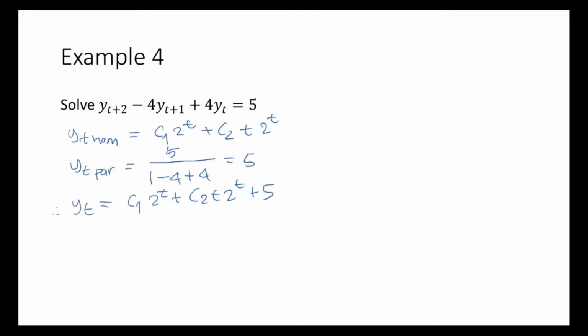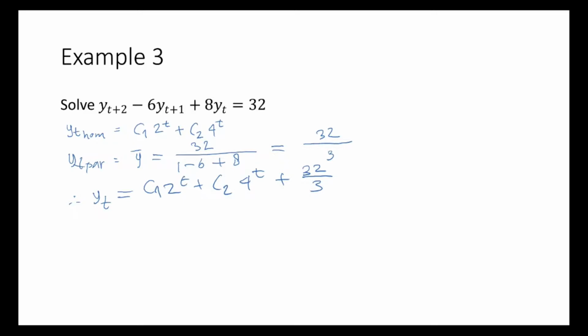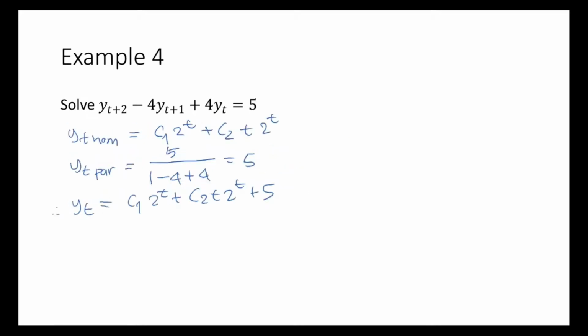If we consider the second example, because the root is 2, actually only one root, this difference equation does not converge. And in the first example, the roots are 2 and 4, and again the solution does not converge to the steady state solution.